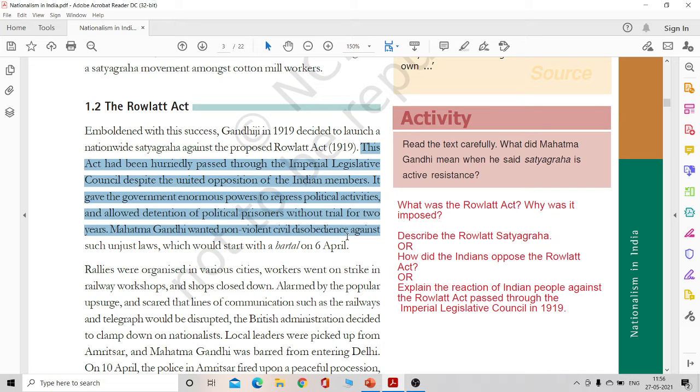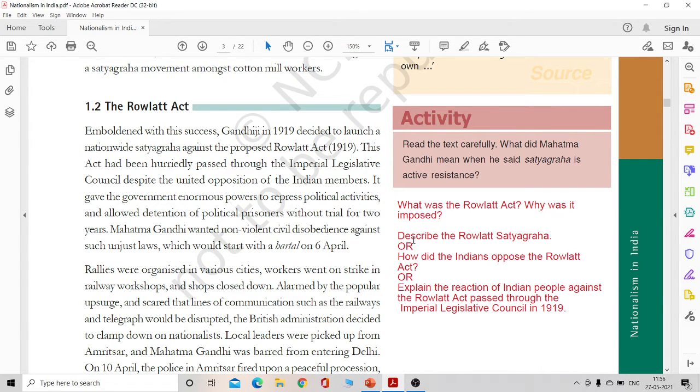And why was it imposed? It was imposed to curtail the growing political unrest amongst the Indians, right? Another type of question for the Rowlatt Act is: describe the Rowlatt Satyagraha, or how did Indians oppose the Rowlatt Act?